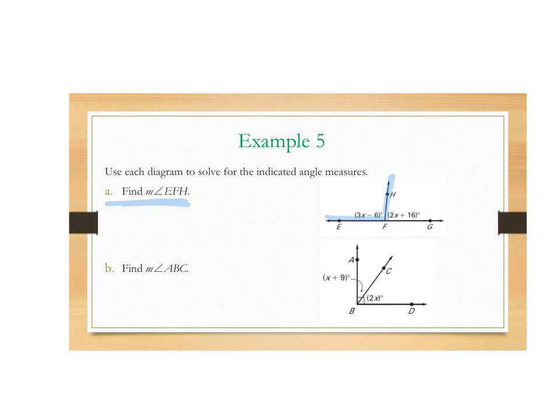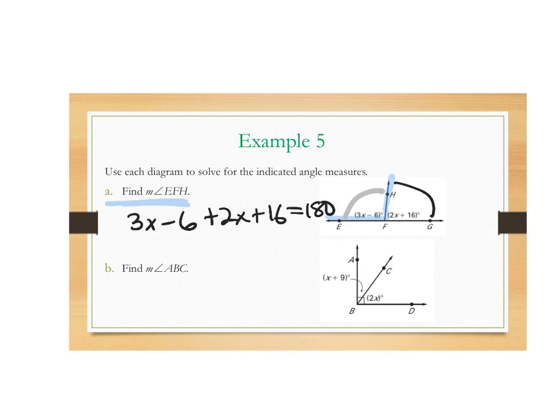So in order to find the measure, I'm going to solve for x and then plug it back in. So I'm going to add 3x minus 6 to 2x plus 16. It's a linear pair, so they're supplements.